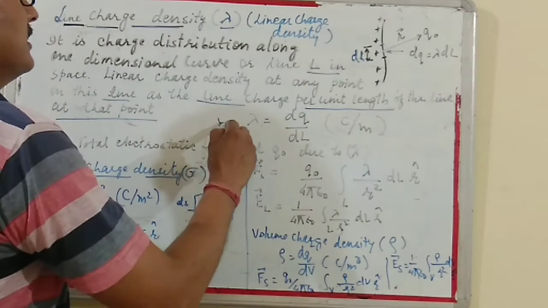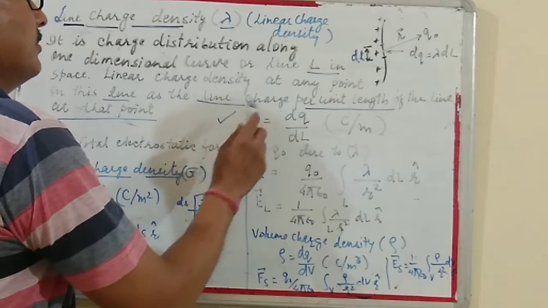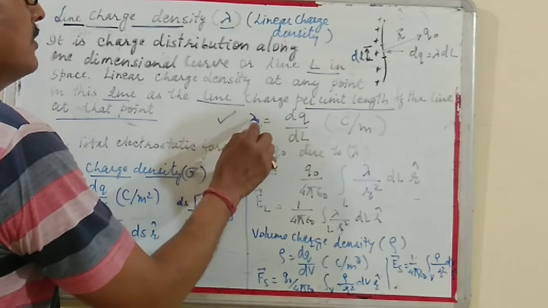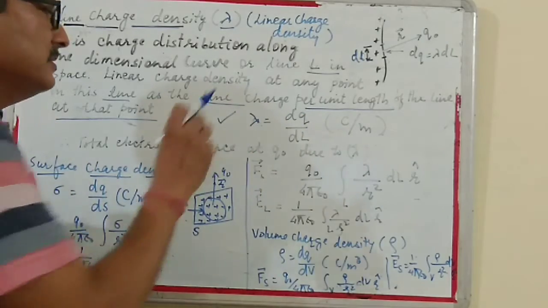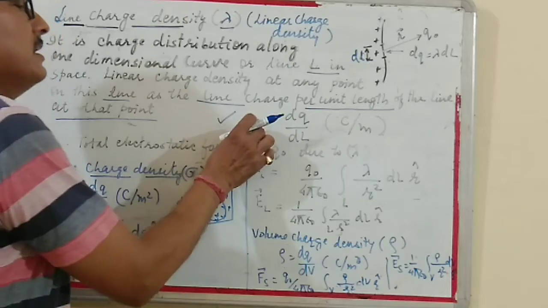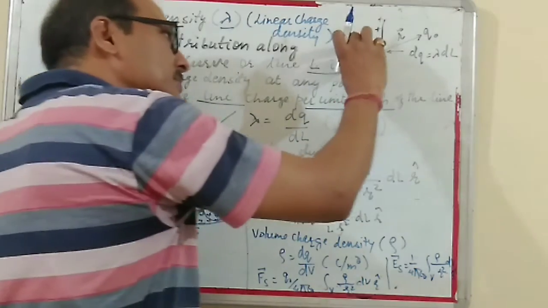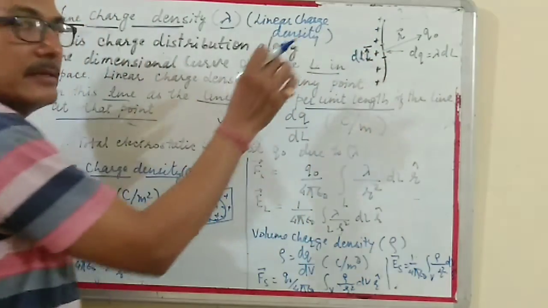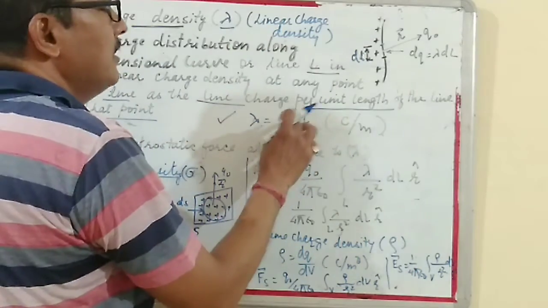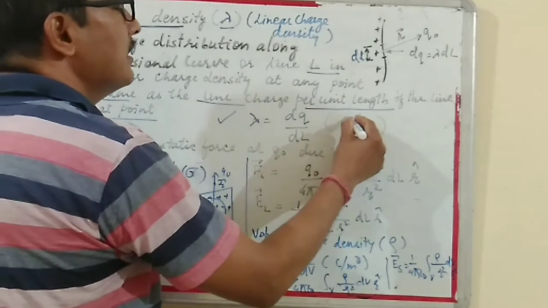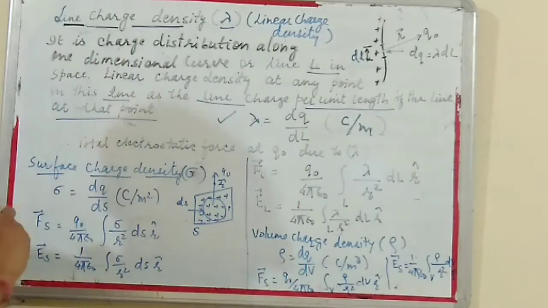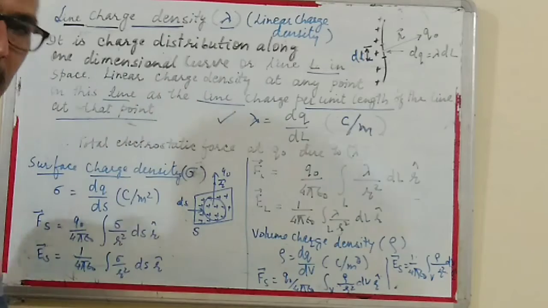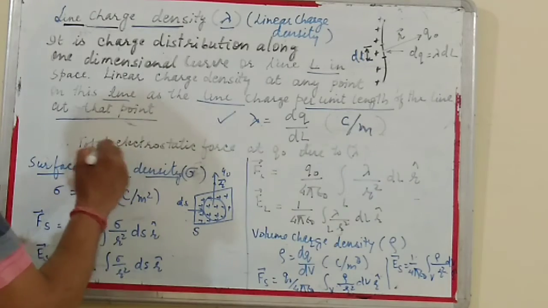Clear? In mathematical terms, lambda equals dq by dl. This is the line charge density due to a small element of the line charge. Its SI unit is coulomb per meter. It is also a scalar quantity.